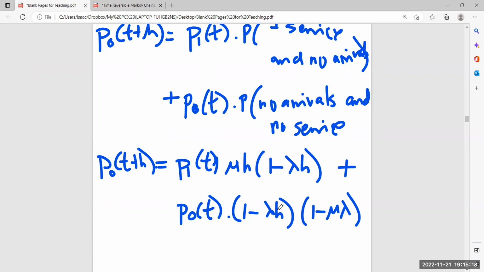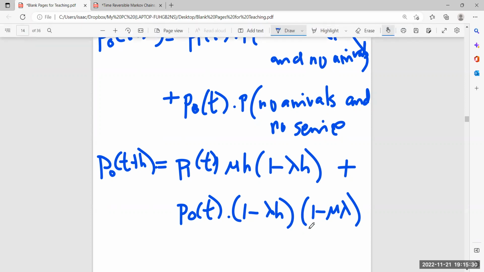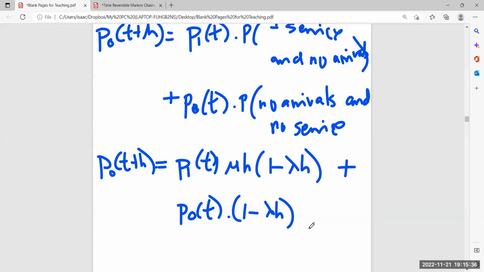So this part is okay, but nobody could leave because I have nobody in the system. So this part here is 1, because there's nobody in the system.